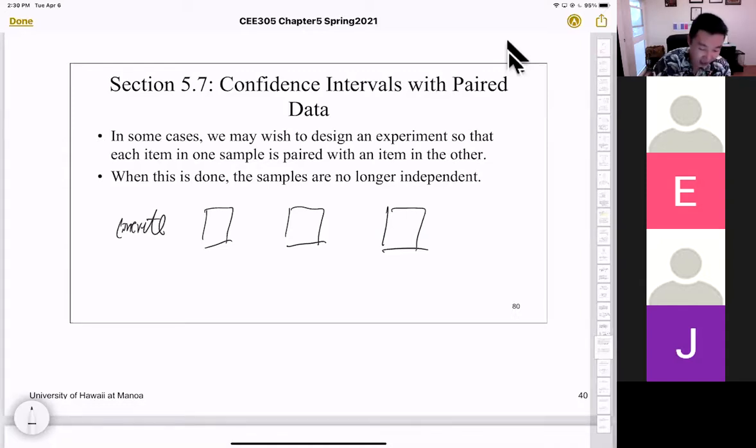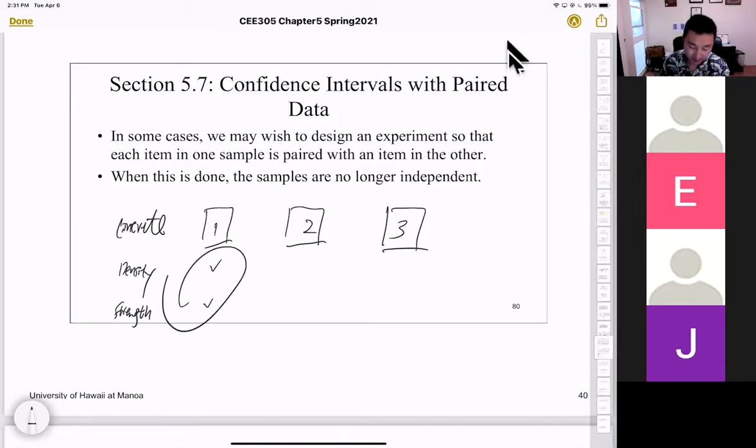Let's say we have 3 concrete samples, and for each sample, we measure the density and also the strength. So for each sample, 1, 2, 3, we measure the density and strength. So this is one pair of data. This is one example of paired data.